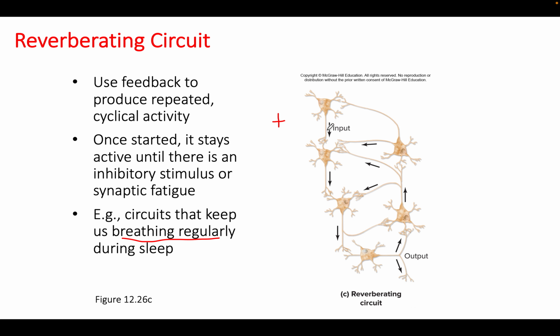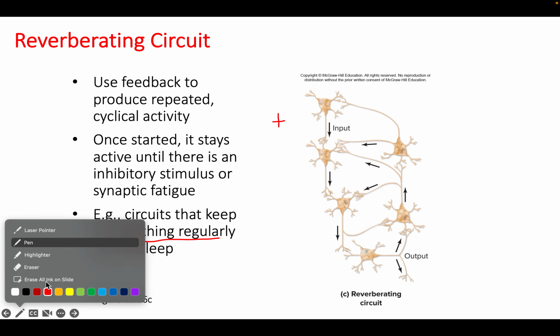So you may have a signal come down what's called the phrenic nerve, and we'll talk about the phrenic nerve later. The phrenic nerve stimulates the diaphragm, and then you continually have this continuous cycle, this reverberation back that keeps the stimulation going, that keeps the diaphragm contracting, that ultimately keeps us breathing. Okay, so this is an example of a reverberating circuit.